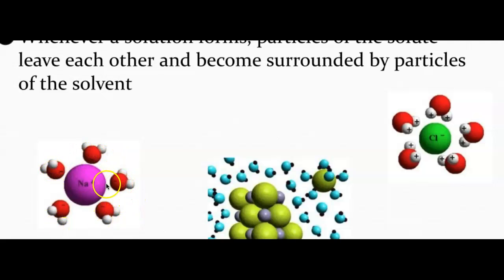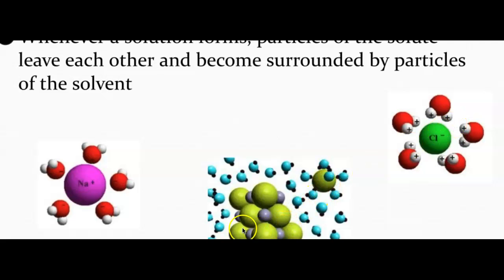It's not attaching. It's not making a compound. Every individual sodium ion would get surrounded by the oxygen end of the water molecule. The chlorine ion, because it's got negative charge, would be surrounded by the hydrogen parts of the water molecules. Again, they're not combining, they're not making a new compound, they're just surrounding.